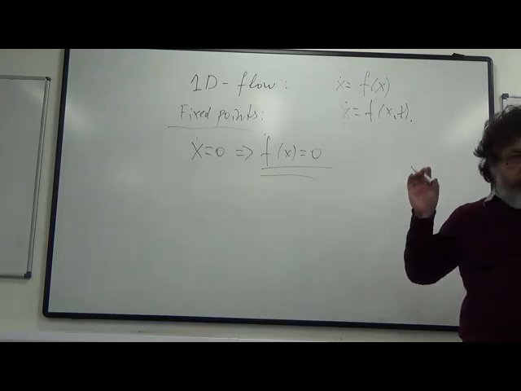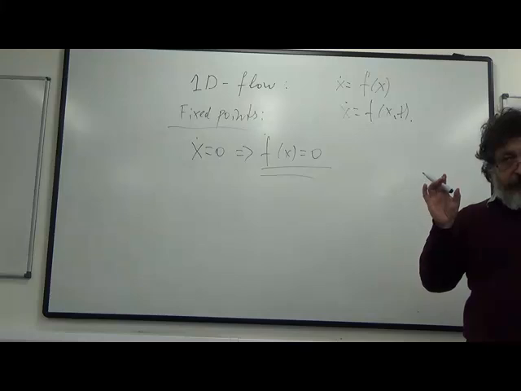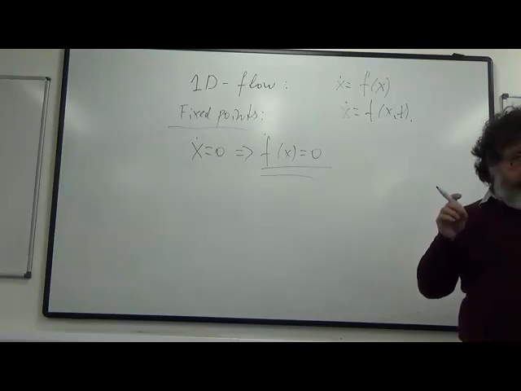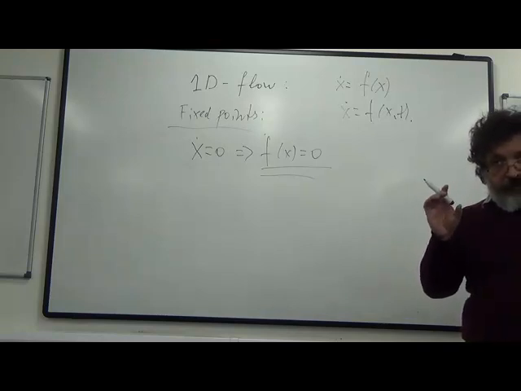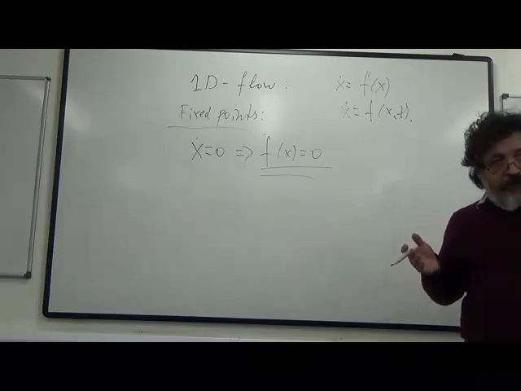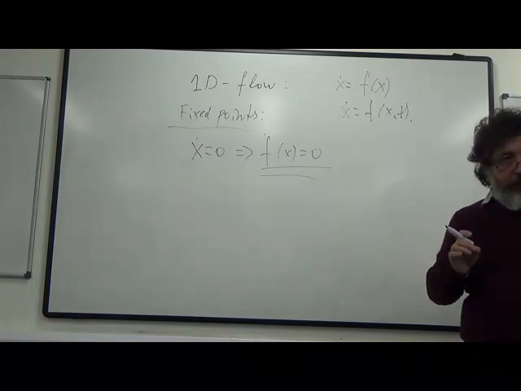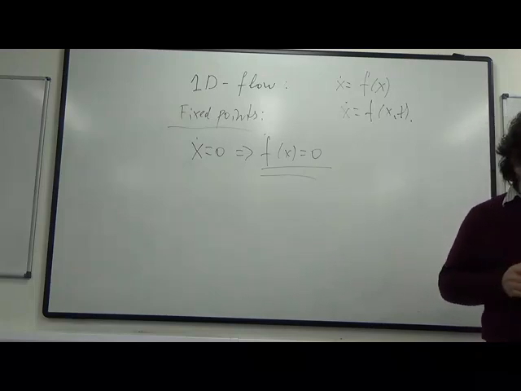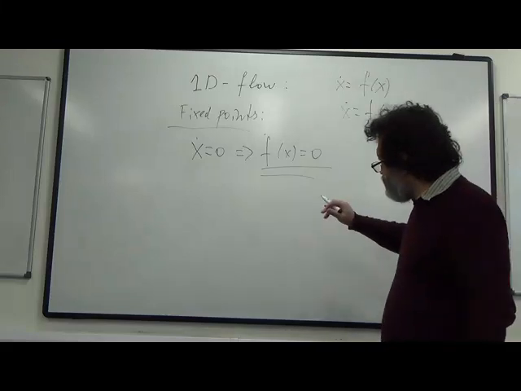If there is a neighborhood of the fixed point such that when we start there we converge to the fixed point, from any point in that neighborhood, then it's stable. If it diverges, it's unstable. If it's neither, not converging but not going away, then it's Lyapunov stability or neutral stability.